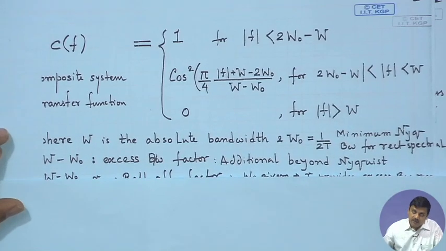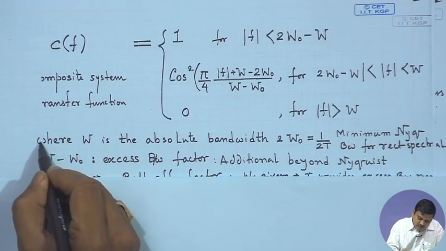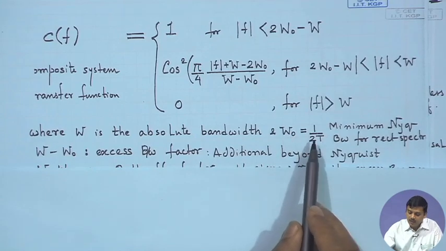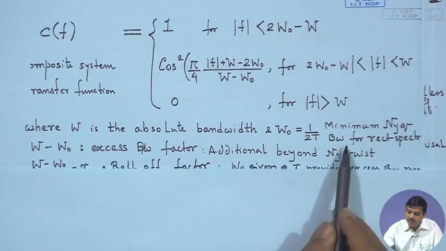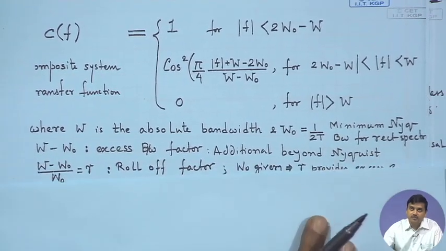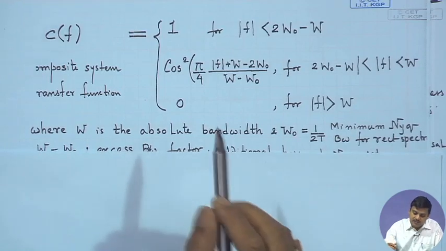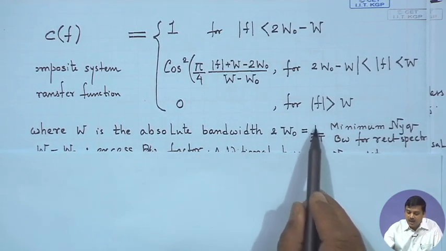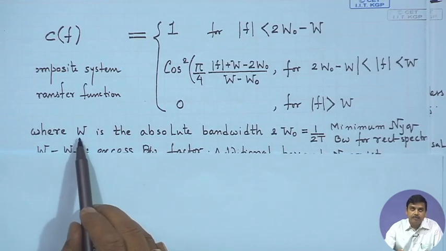So, where in this particular expression we have W is the absolute bandwidth and W 0 is 1 over 2 t, that is the minimum Nyquist bandwidth required by the spectrum. So, what it means is that if my symbol duration is t, the Nyquist bandwidth is W 0, but I use a practical bandwidth which is W, right.